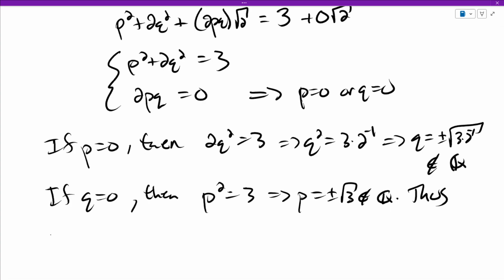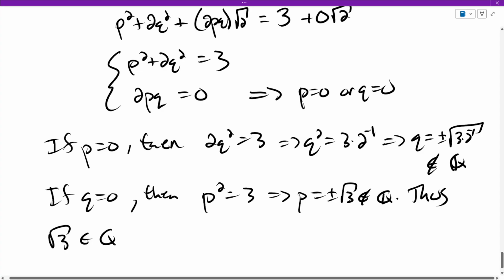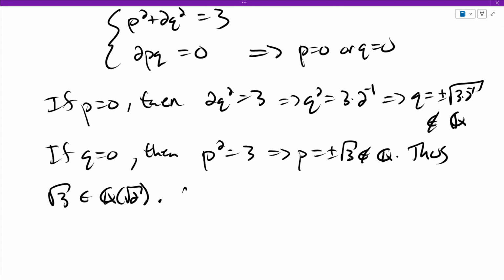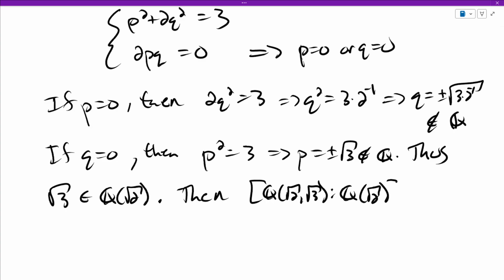So we can conclude that the field Q adjoin root 2 does not have a square root of 3. It doesn't have either of them. So that means it's a new object. And so when we add in root 3 to Q adjoin root 2, we get 2.